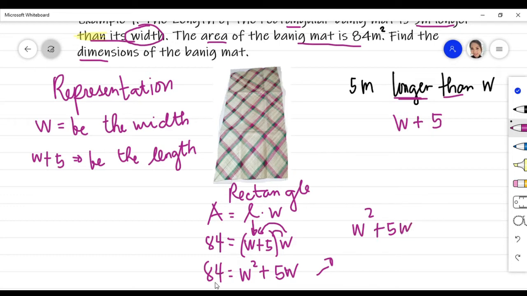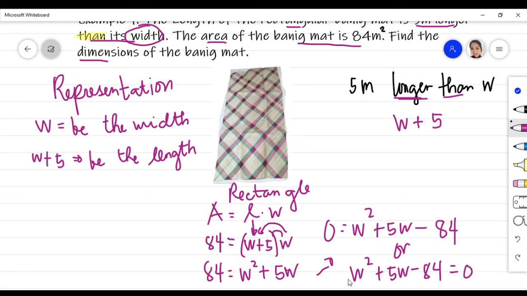So what we will do, we will transfer 84 to the right side, so that the left side is equal to 0. Transfer 84 to the right side, it becomes negative 84. Or that is W squared plus 5W minus 84 equals 0. That's the same thing.